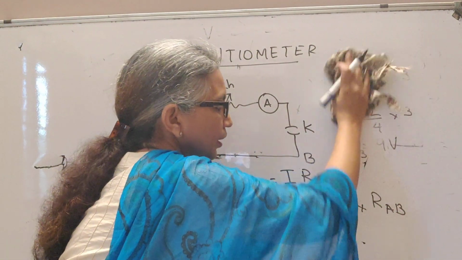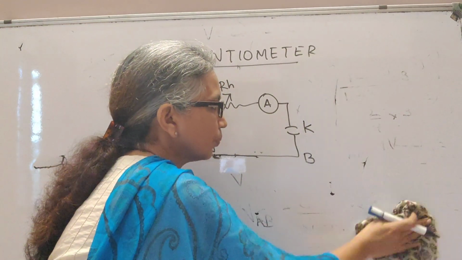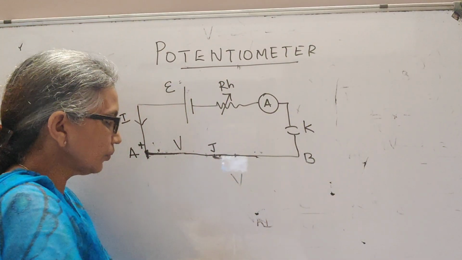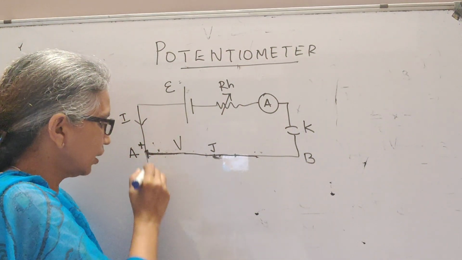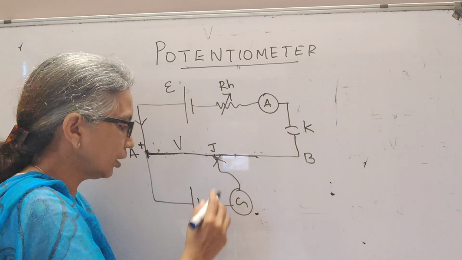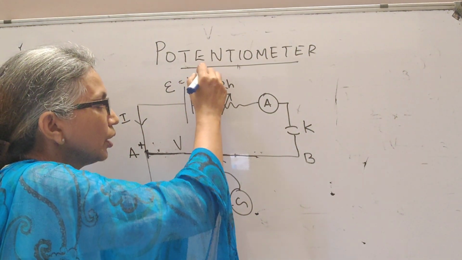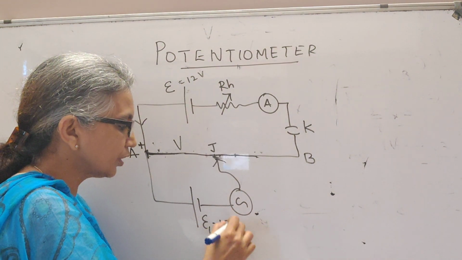So if that's the case, let's say you are trying to balance a cell here, with the galvanometer and this jockey, and let's say E1 is 12 volt, and here I am trying to balance a 15 volt.